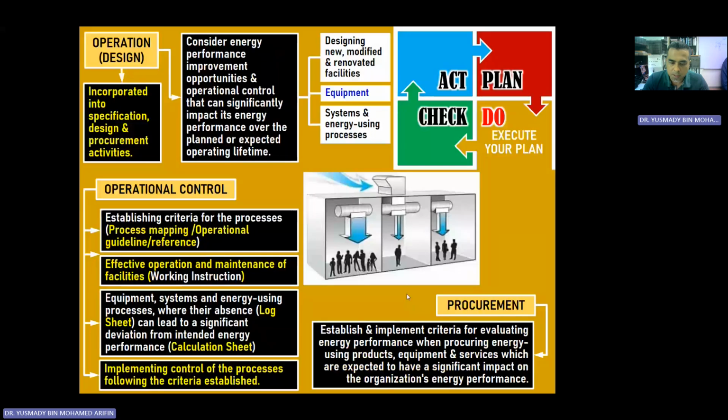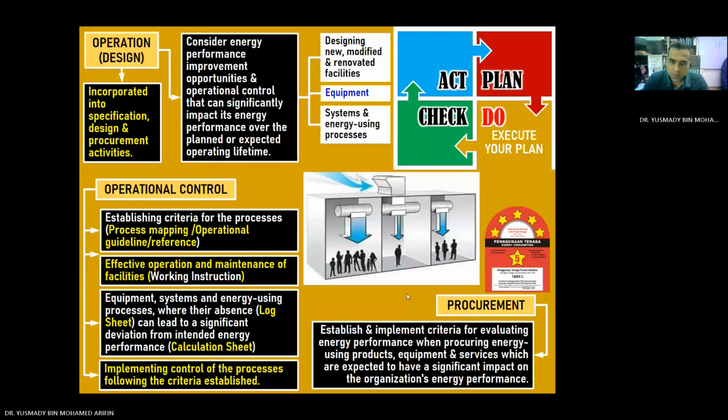So we need to establish and implement criteria for evaluating energy performance when procuring energy using products, equipment, and services which are expected to have a significant impact on the organization's energy performance. Okay, for example, we need to consider what I call the energy saving equipment.